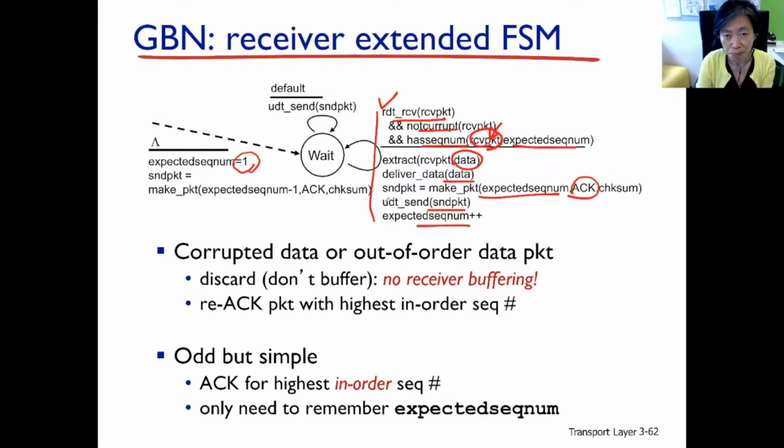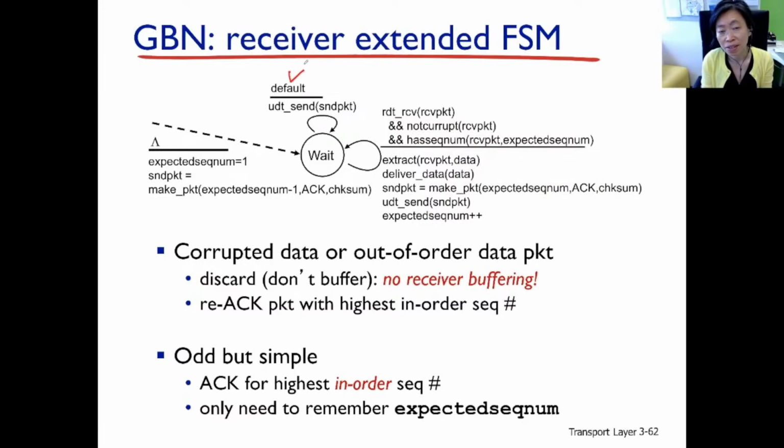No error, no loss. And the second case is the default transition. What default means is all the other conditions that don't match the previous transition's condition, which means the data can be corrupted, or the data received is not corrupted but not carrying the expected sequence number. So here, corrupted data or a data packet that's not in the expected sequence number.